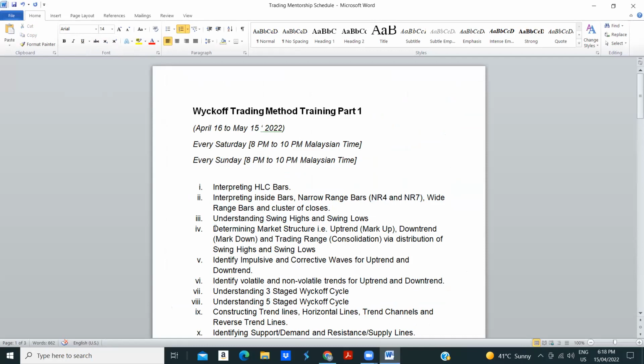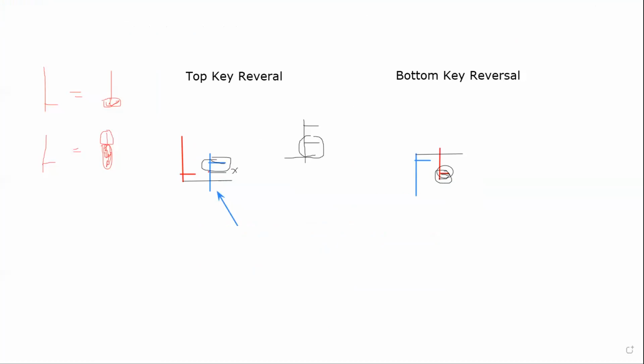Now we'll go for understanding the swing highs and swing lows. The swing highs and swing lows are very simple. The swing high is like this: the market goes up and then this one goes down.